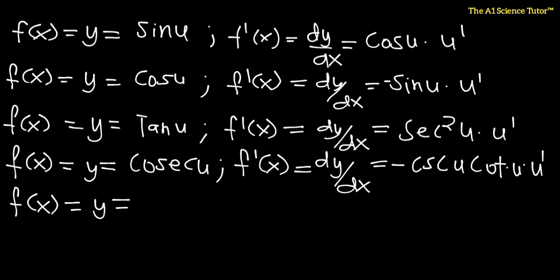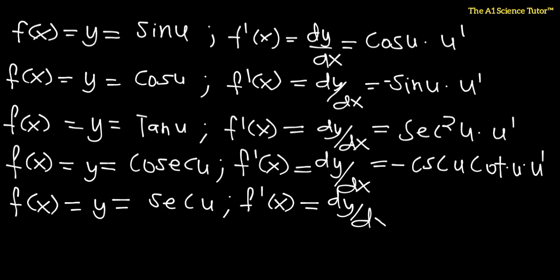How about sec u? Now sec u is the reciprocal of cosine u. So that is going to be sec u tan u multiplied by u prime. You always need to multiply it with the derivative of the function that is attached to the trigonometric function.